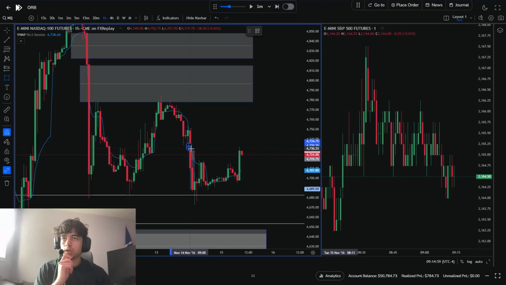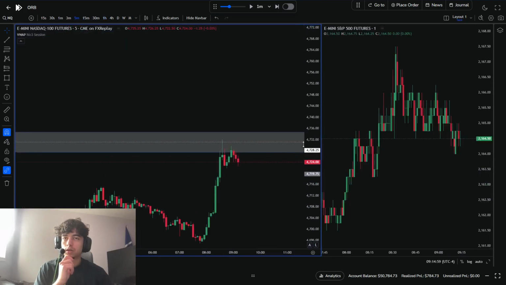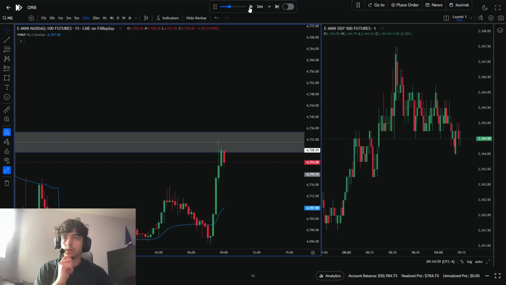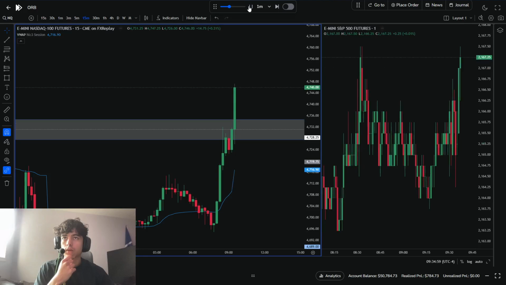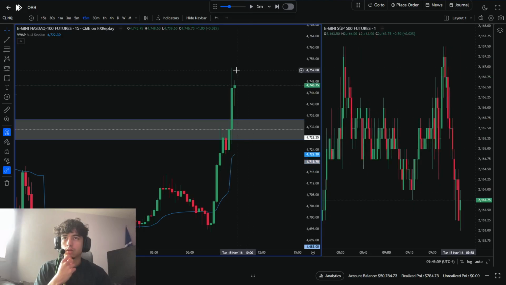Alright, so we are in this hourly bearish. Let's see how the first 15-minute goes. Okay, so right there, 9:30.